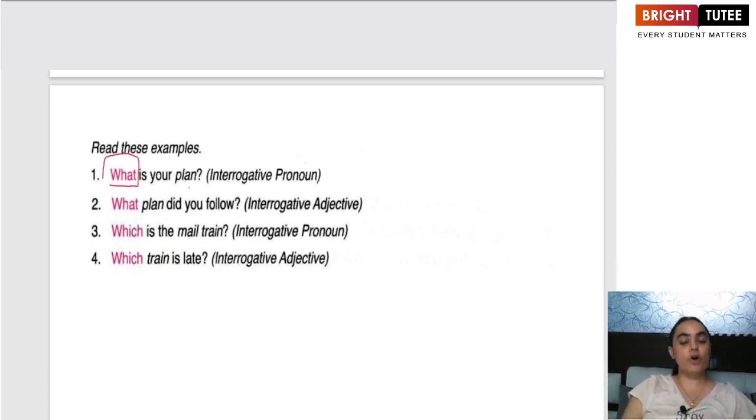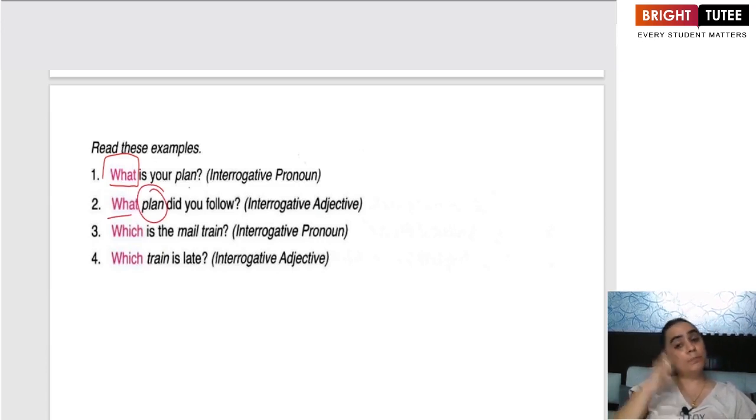What is your plan? Okay. Here I am not using a noun with the pronoun what. Therefore, it is a pronoun. Let us look at the second sentence. What plan did you have?